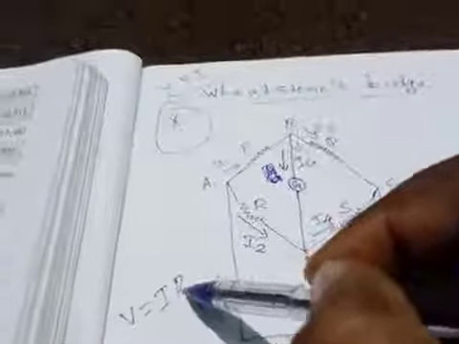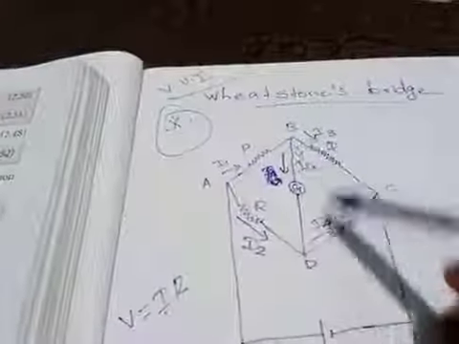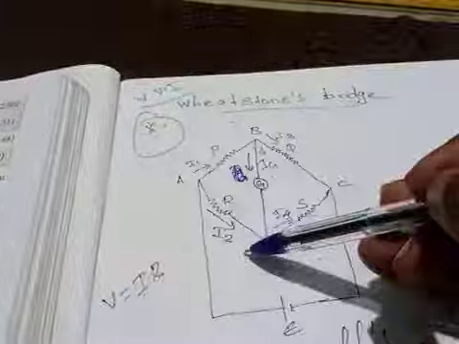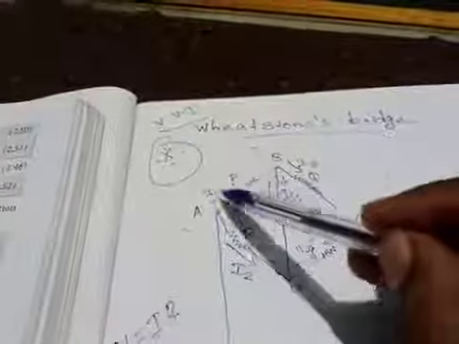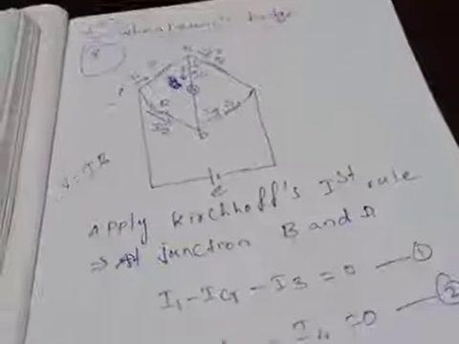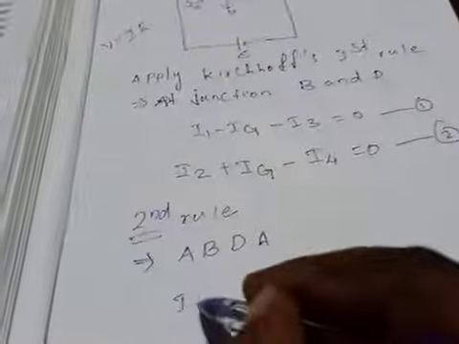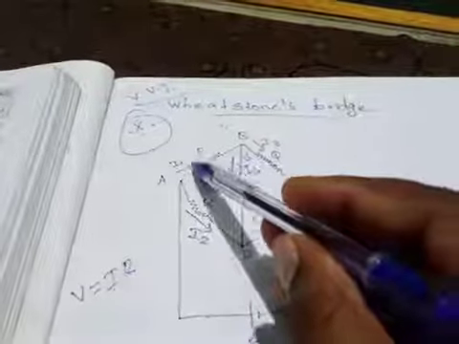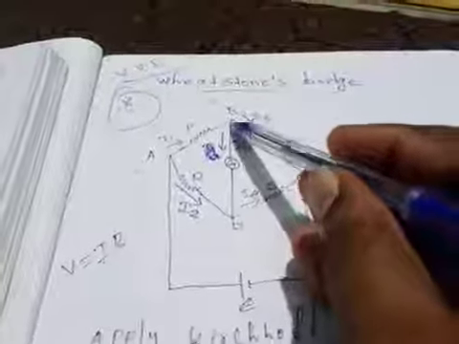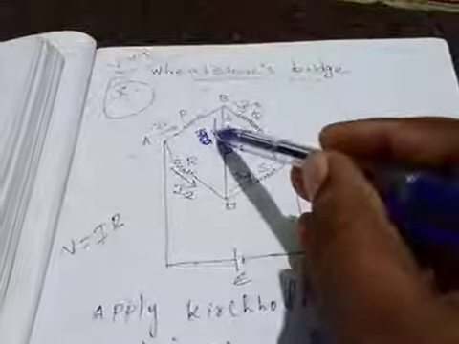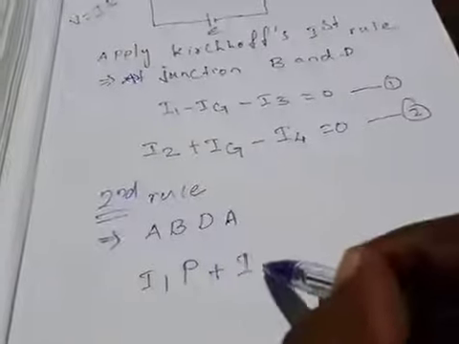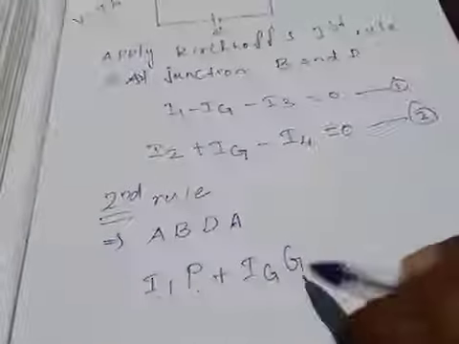So current into resistance. A, B, D, A, this direction, then this direction. This is a loop. So first take V is equal to IR format: I1P, where I1 is the current and P is the resistance. Then this direction, so the current is Ig and the resistance is G, so again plus IgG.